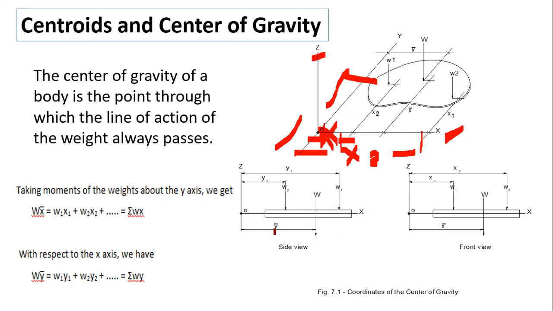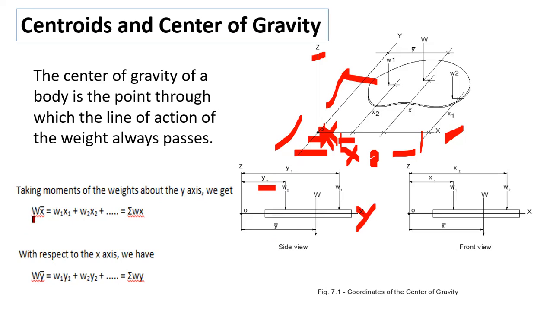So you have here X, and let's say this is Y, because I'm referring here to Y. So it's Y prime for the total weight, and then Y1 for weight 1, Y2 for weight 2.